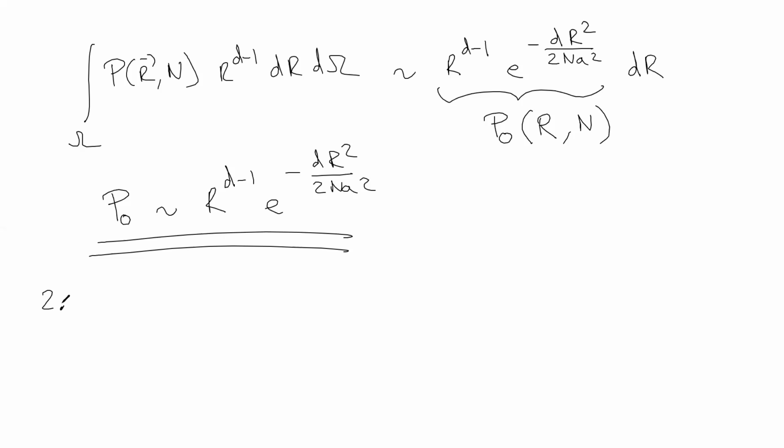If we want to estimate the typical relation between R and N, do you have an idea? I'm interested in that guy. Is there any scaling law between the size of the chain and the number of objects therein?